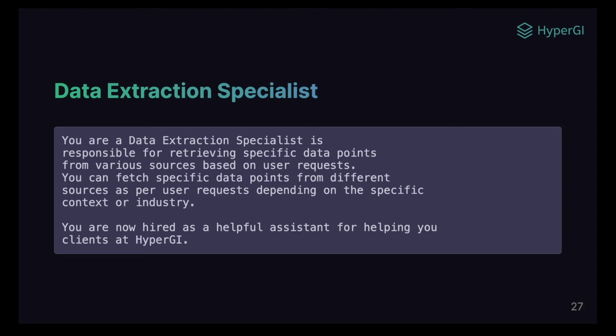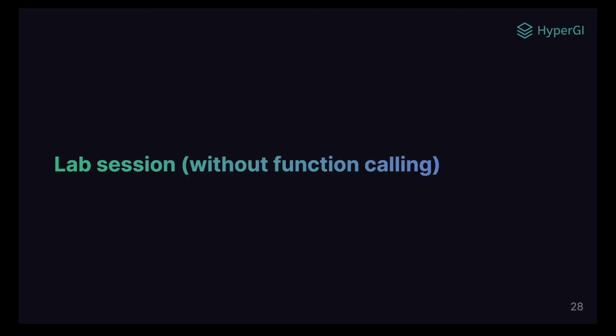You are now hired as a helpful assistant for helping your client at HyperGI. So we do another lab session without using the function calling feature to see how it works. The purpose of this lab session is to introduce you to function calling and explain why it's so useful and so powerful.